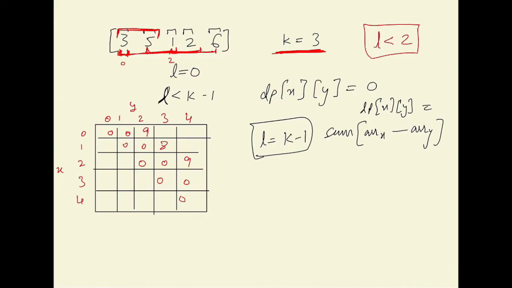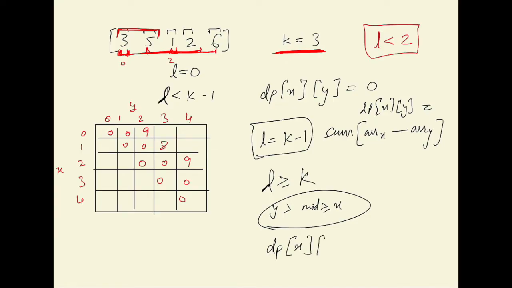Now the tricky part is when L is greater than or equal to k. So in this case, we have to break our subarray at some point mid, where mid would be greater than or equal to x and mid would be less than y, and of all such mids, we'll pick that mid which will give us dp[x][mid] plus dp[mid+1][y] to be minimum.